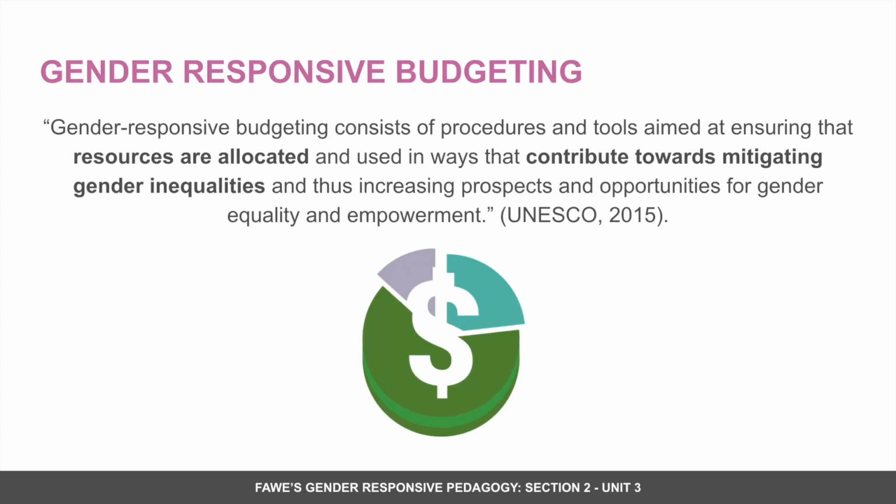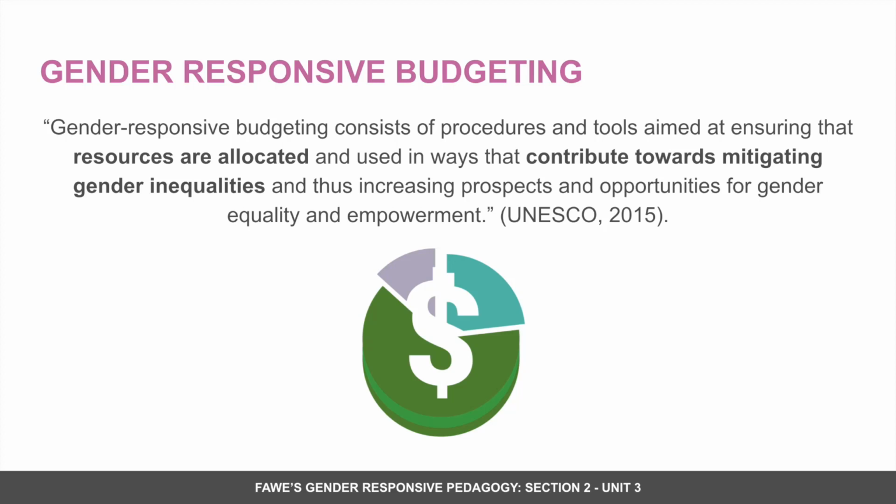A school's budget reflects the allocation of resources and its work plan. Gender-responsive budgeting consists of procedures and tools aimed at ensuring that resources are allocated and used in ways that contribute towards mitigating gender inequalities and thus increasing prospects and opportunities for gender equality and empowerment.